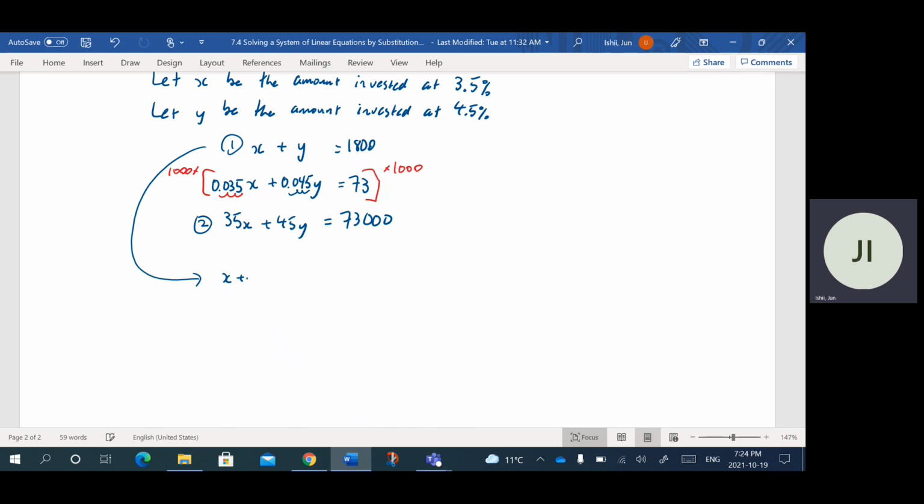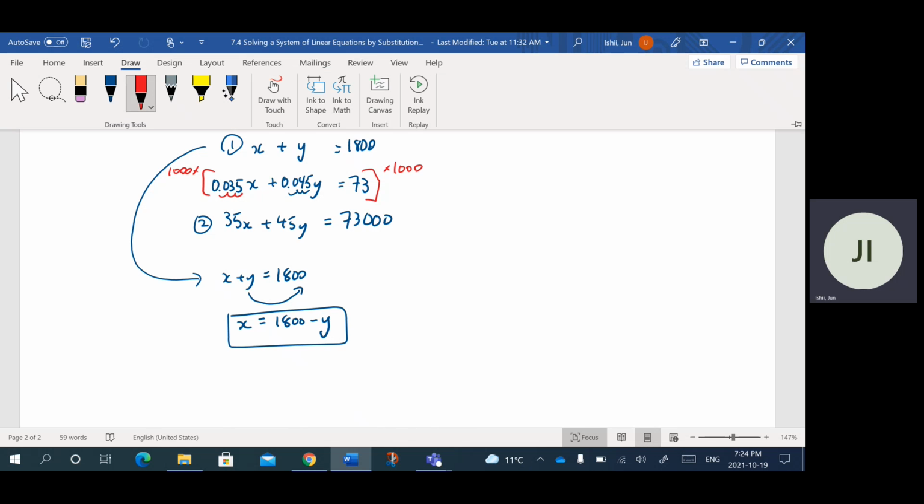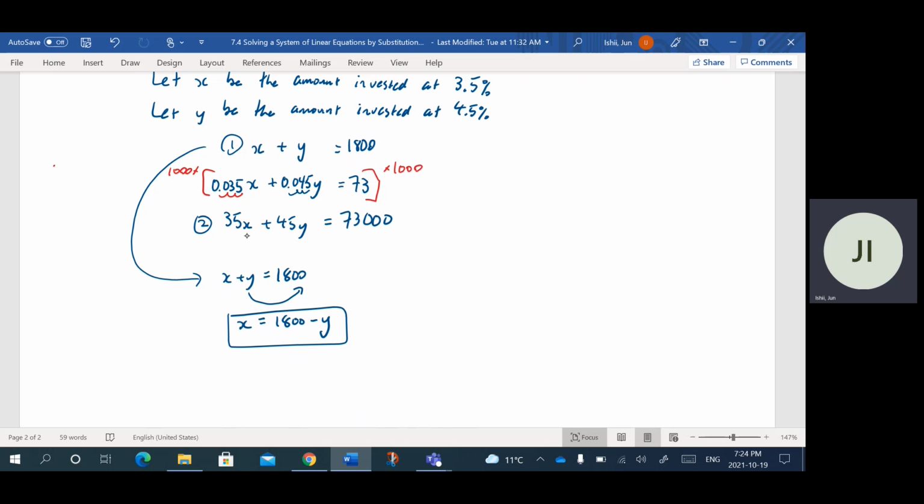So if x plus y equals 1800, let's isolate the x. I'm going to move the y over. So x is going to equal 1800 minus y. Once I've got that, I want to take this equation and plug it into the second equation for the x.